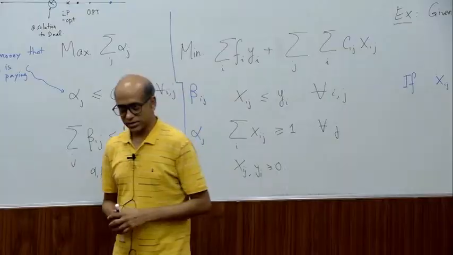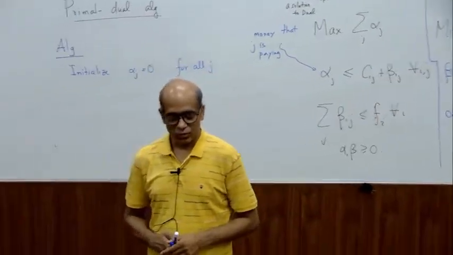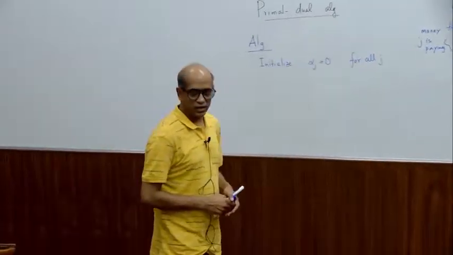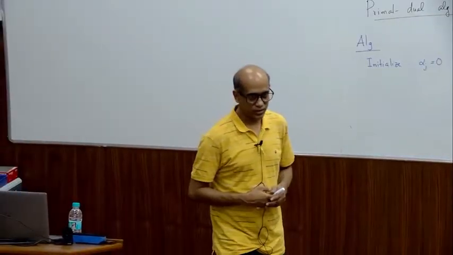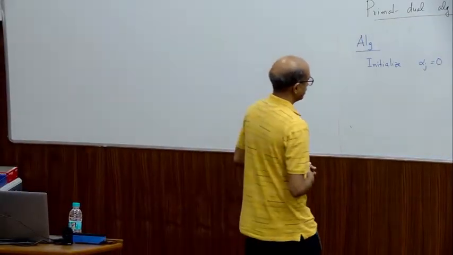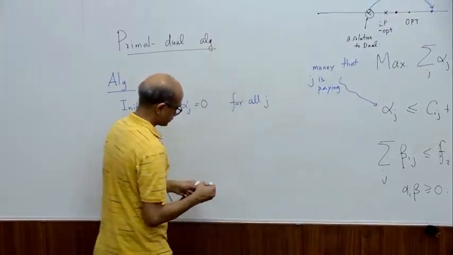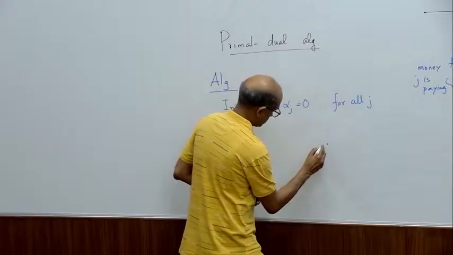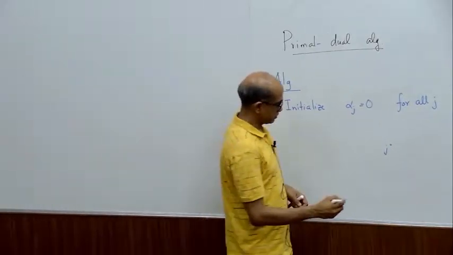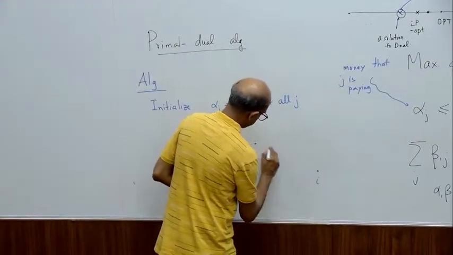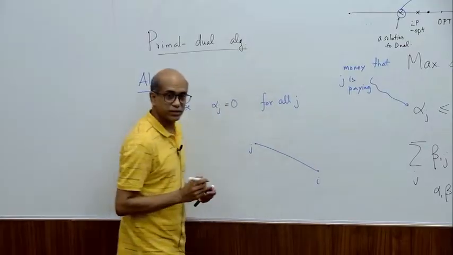What stops this process? Why is it that I can't charge infinite amount of money to everyone? Because of the first constraint, alpha j. Now suppose this is some demand j, and suppose this is some facility I, and this is c_ji.